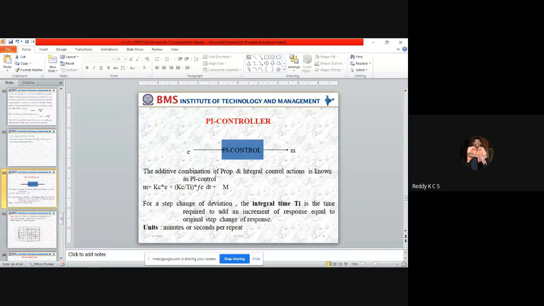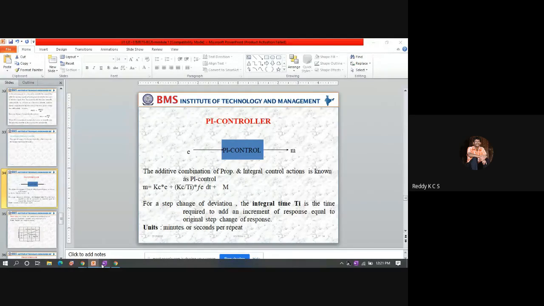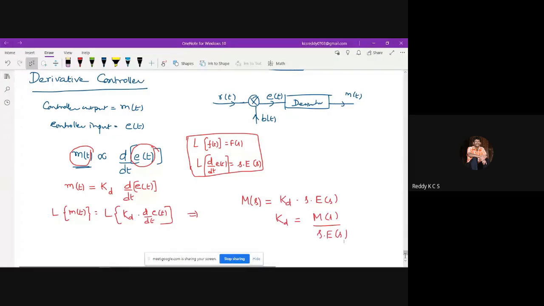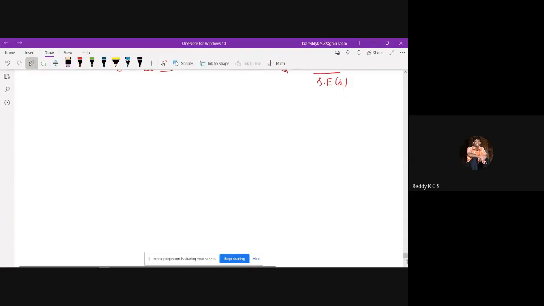A proportional plus integral controller means I am going to combine two controllers, the proportional controller as well as the integral controller. Now we'll go to how this works. PI controller.